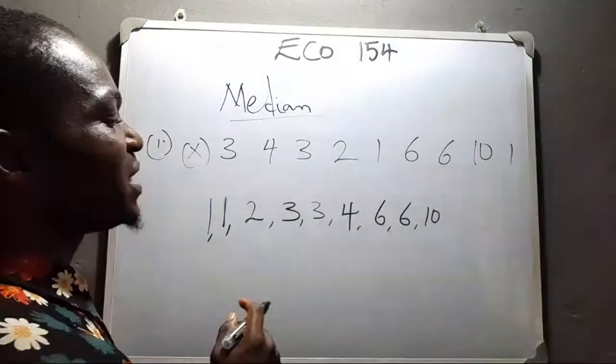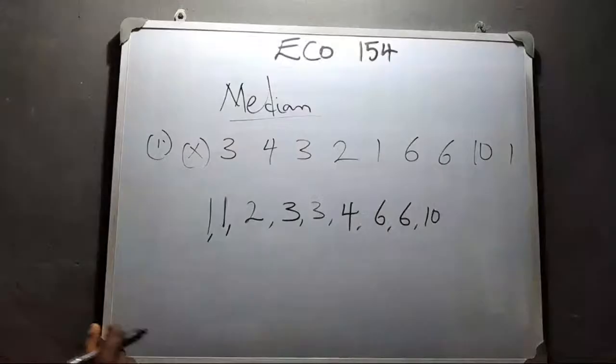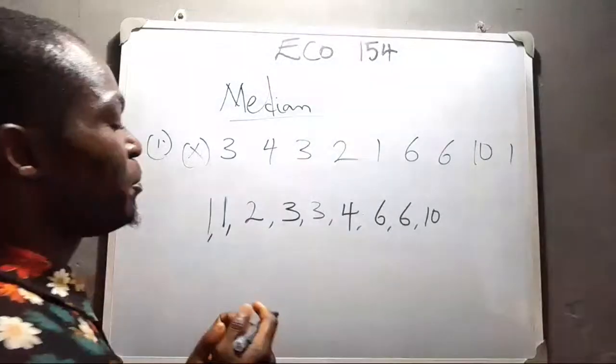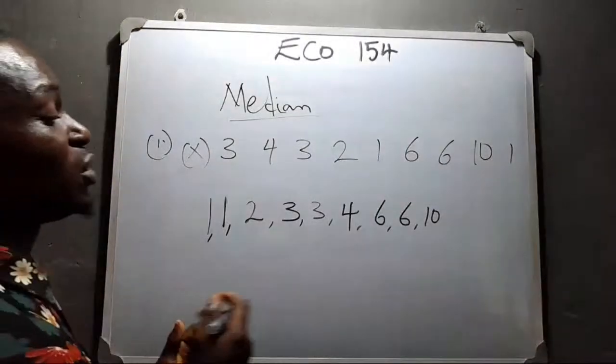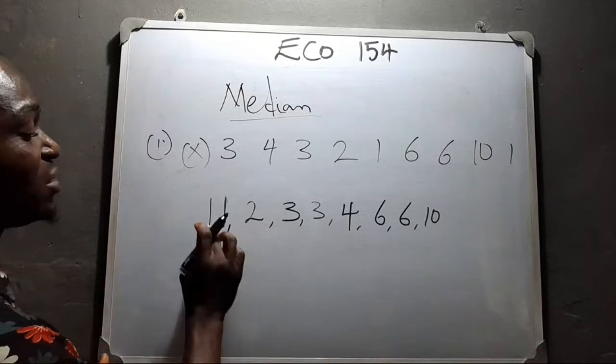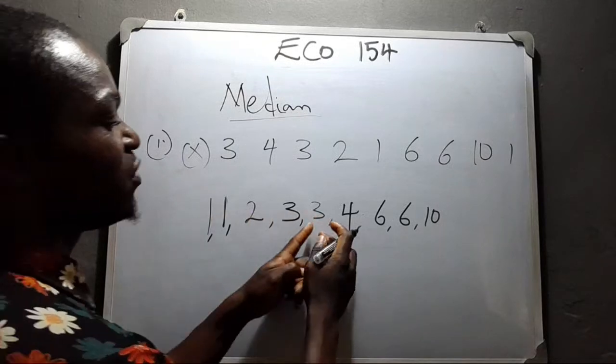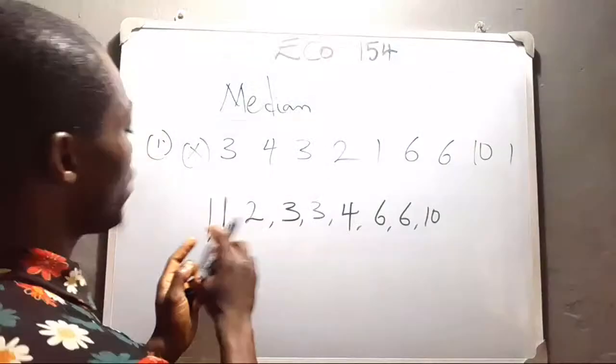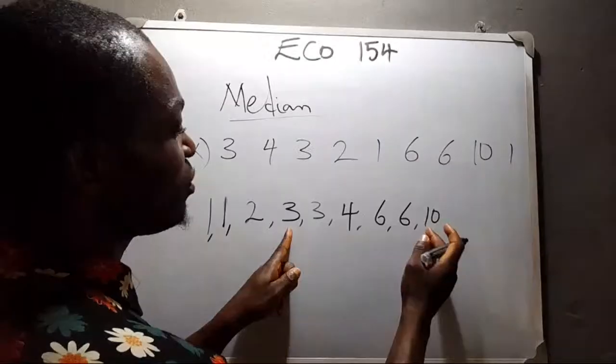So picking a particular number to represent this distribution, what you do is you pick the middle number after arranging the numbers. Let's take a look at this. We have 1, 2, 3, 4 from this side, and counting from this side, we have 1, 2, 3, 4.